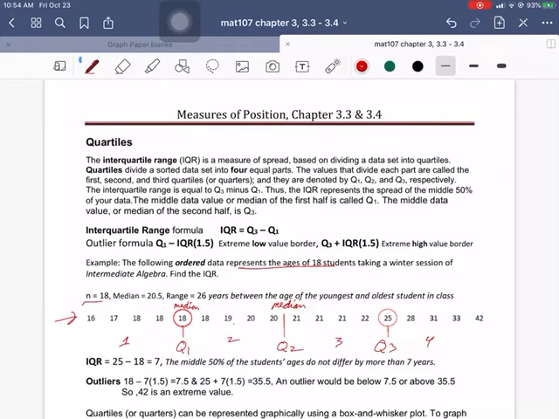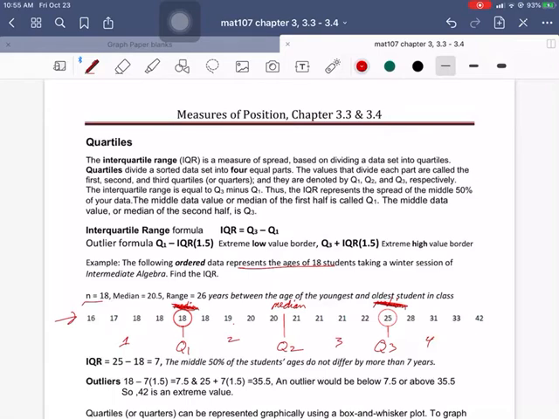The upper half also has 9 numbers, so the middle number of those 9 is the median of the upper half. The median of the entire data set is Q2.